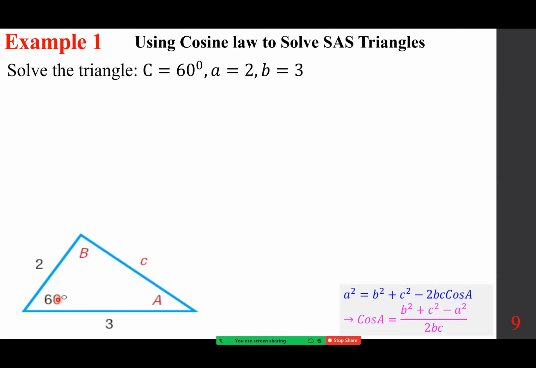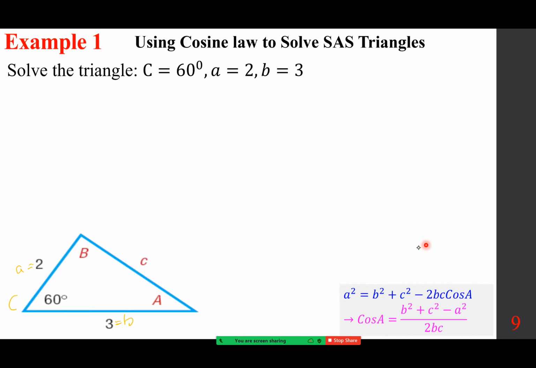Capital C is 60 degrees. Lowercase a is 2. Lowercase b is 3. Capital B, capital A, and lowercase c are missing. So let's see what we can do. We have put the formulas here in general.